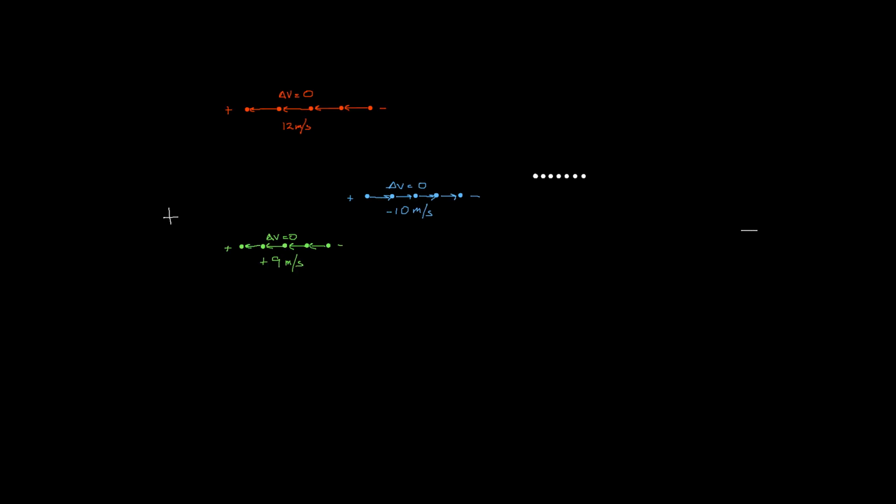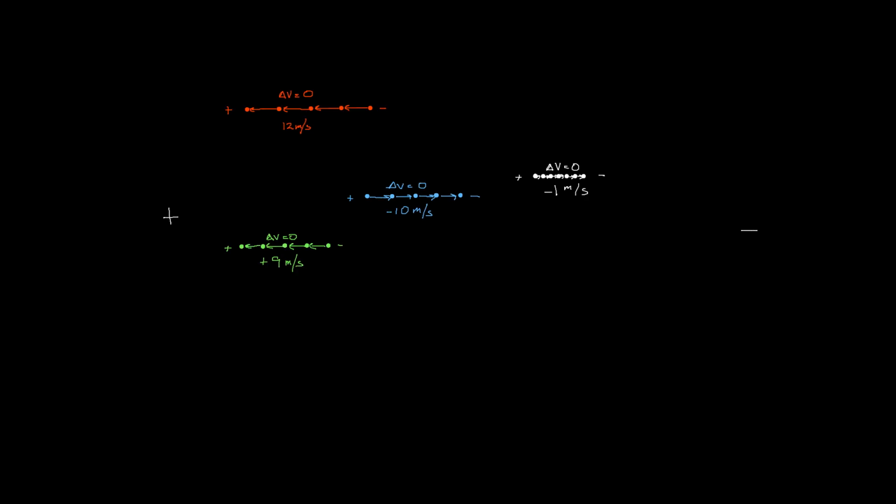Extra 2 dots. And then this is going to be difficult, a little tiny arrow between those dots. Then we have negative, positive, delta V equal to 0, and negative 1 meter per second.